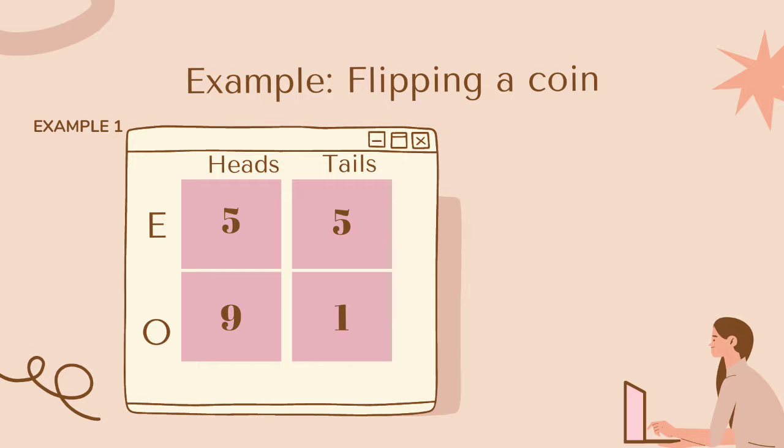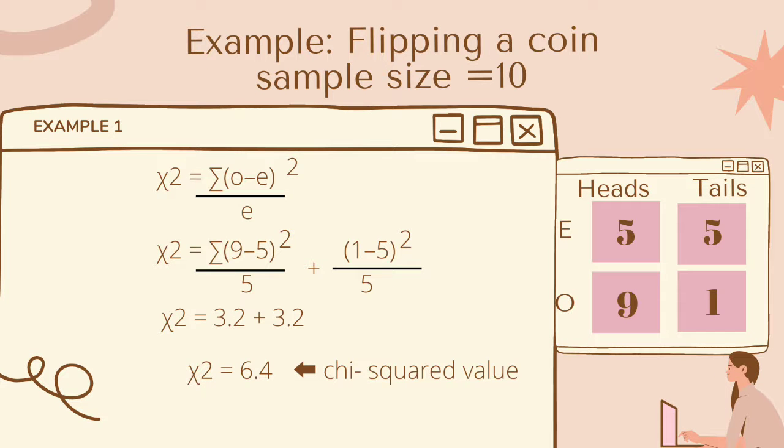Out of 10 flips, we expect, since it is a 50-50 chance, 5 heads or 5 tails. Now that we have flipped, the outcomes are 9 heads and 1 tail. After formulating a hypothesis, we are going to solve the chi-squared test using its formula in order for us to have the chi-squared value.